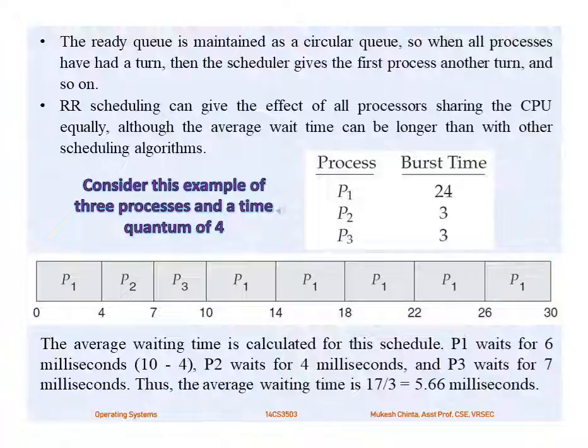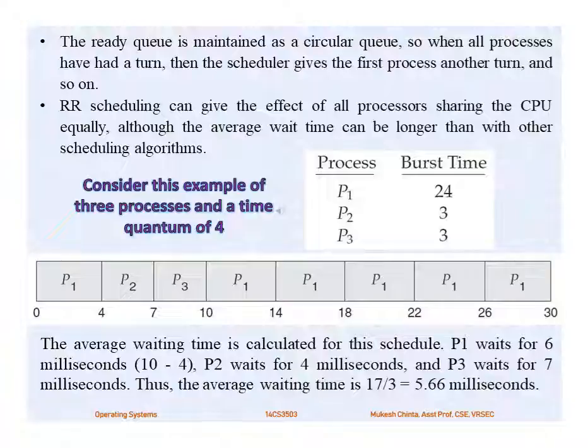Then it starts from 0 and executes for the given time quantum of 4. So P1 is executed for 4 milliseconds, and after that the next process is waiting for execution.